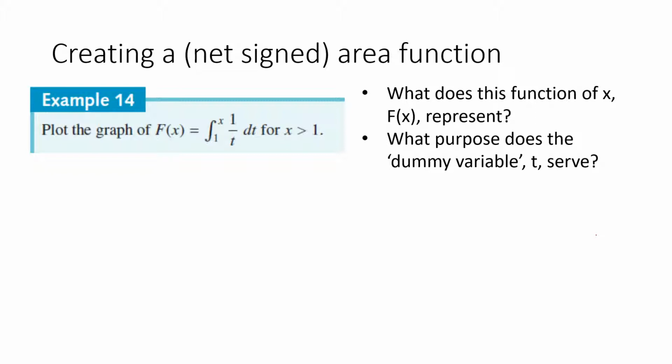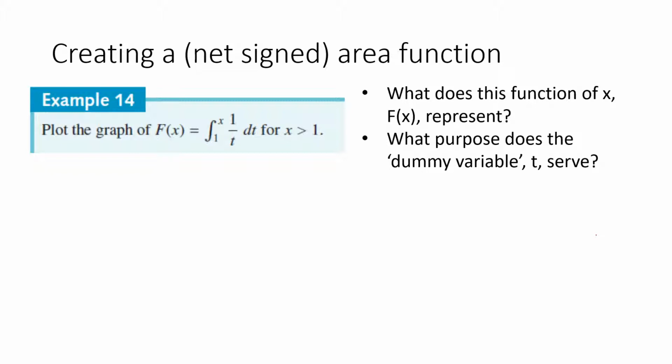Okay, so a big part of 8C is these net signed area functions. So have a look at this. It's probably something you've never seen before. You've got some function defined as the antiderivative of 1 to x. So x is the unknown of the integrand. Now the integrand, let me just grab a pen.